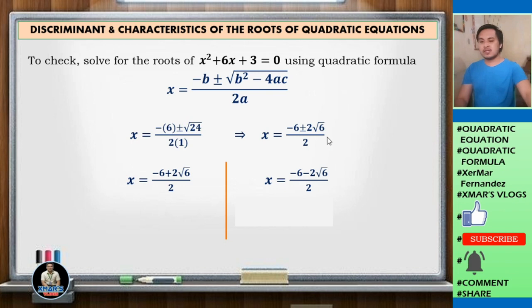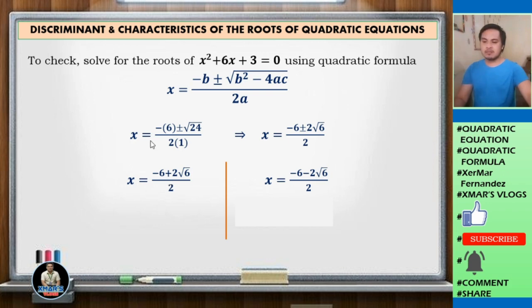We have to separate these into two linear equations: x equals negative 6 plus 2 square root of 6 all over 2, and x equals negative 6 minus 2 square root of 6 all over 2. We have two resulting equations, so we separate them for us to solve the values of x.